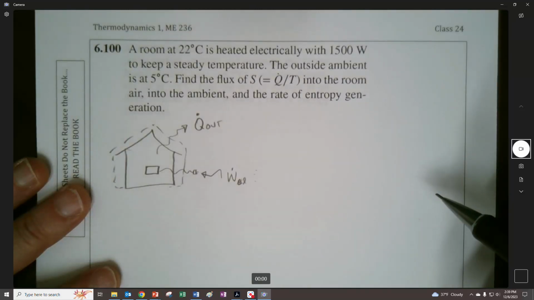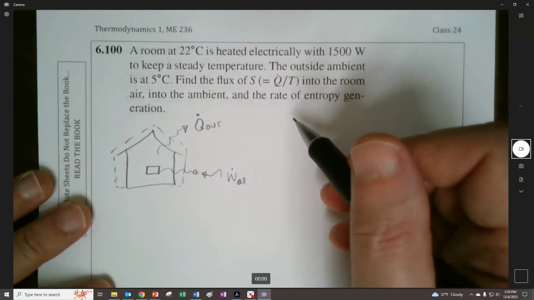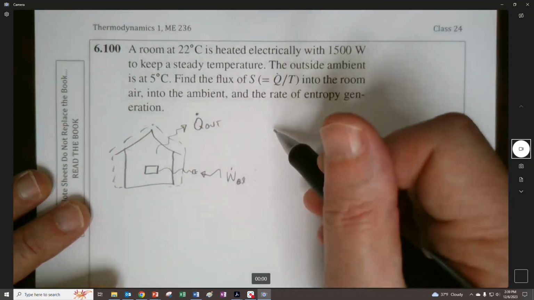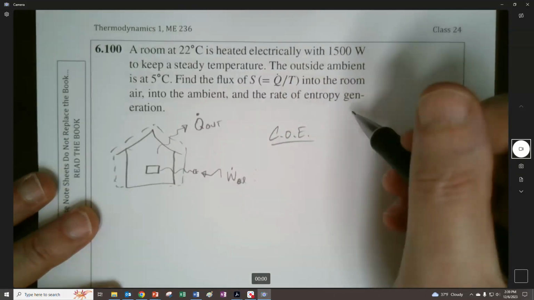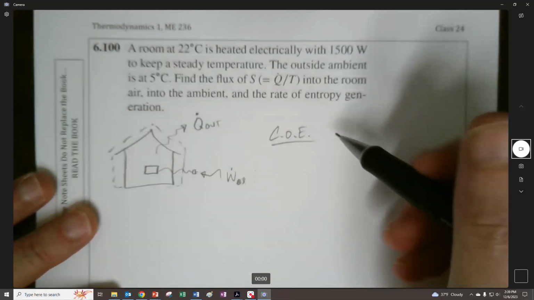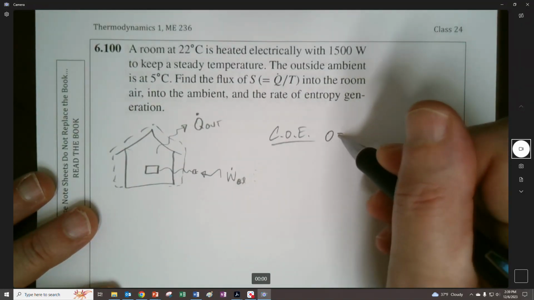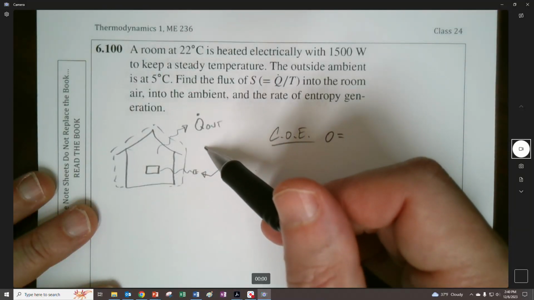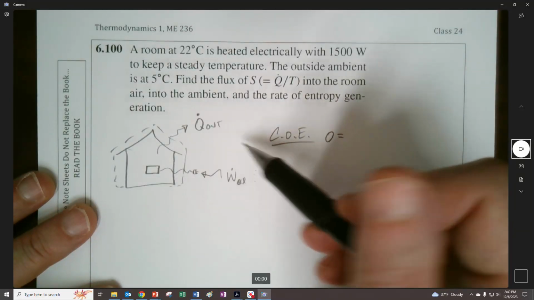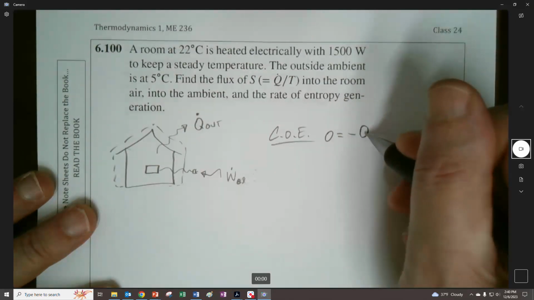Now, if we did the conservation of energy across this control mass, our convention is usually that heat rate in is positive, but this is out, so this is going to be negative.